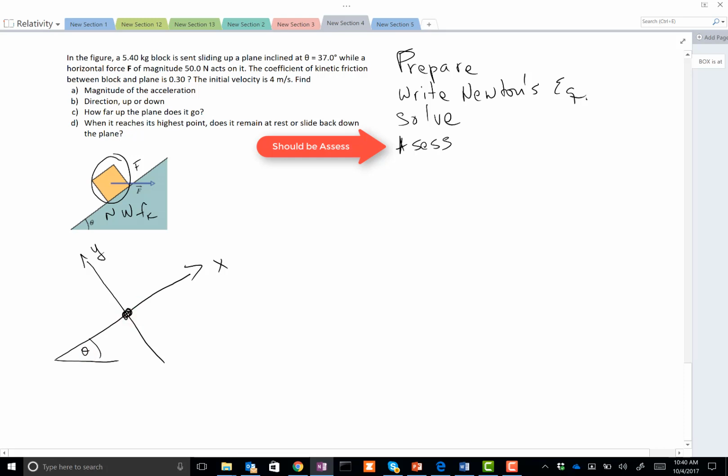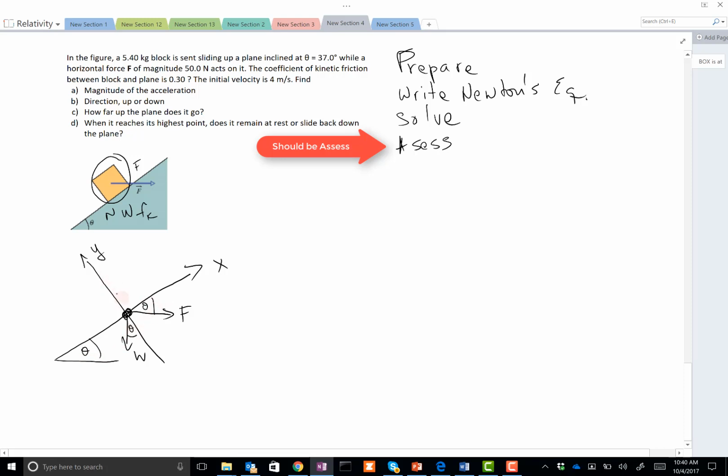So now let's look at the forces. We have the weight. We're going to have the force applied to the object, that is F, and this is theta here, this is theta, and that is theta. It's good to always make sure you know which angle you need to use.